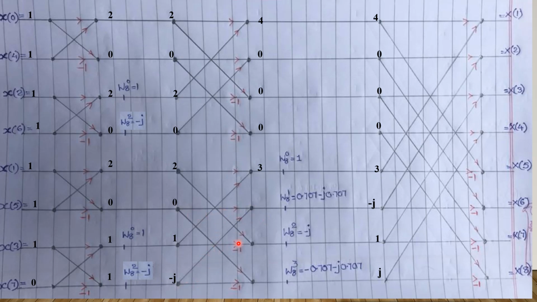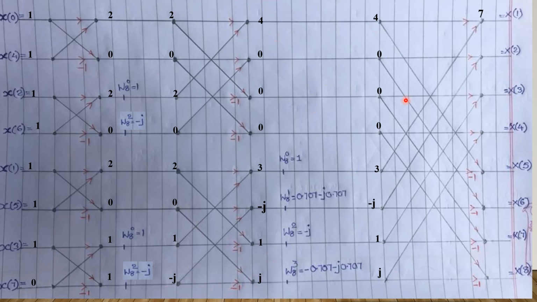And again you want to multiply this point with minus j. So if the value is 1 into minus j, the value is minus j. So you'll get minus j at this point. 2 minus 1, the value is 1. And again here 1, you want to multiply with this one, so you'll get plus j. So plus j. So this is the input given to the third stage.